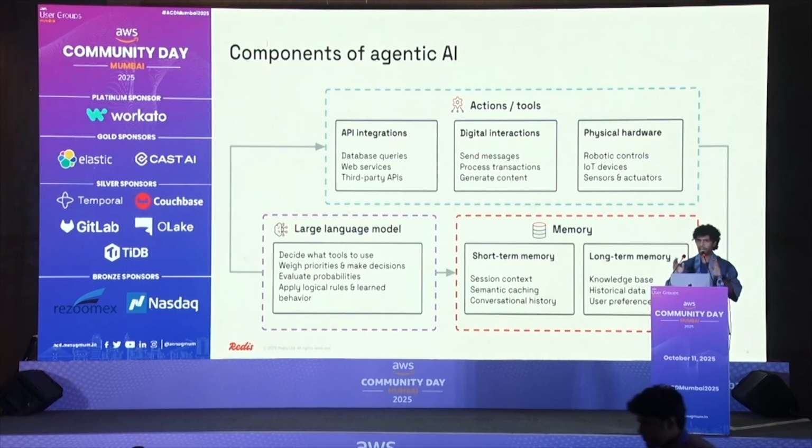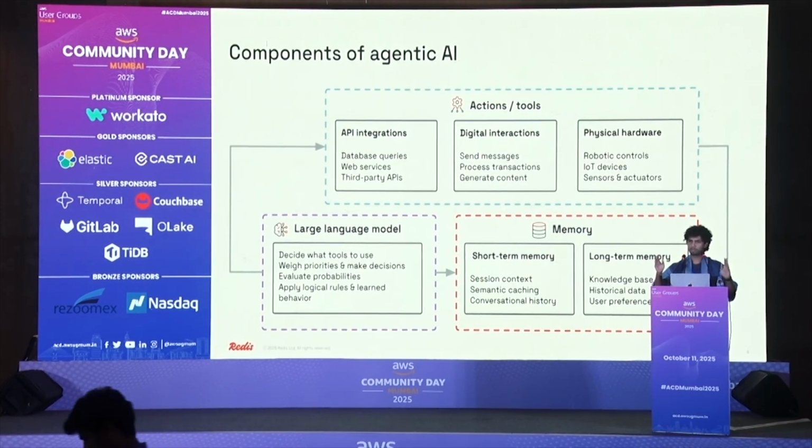So now, I know we've talked about this, and you're probably aware of some of the details, but every AI agent has 3 fundamental building blocks or components, right? One is the memory layer, then the large language model layer, and then there is an actions or tools layer, okay? So let's talk about memory.